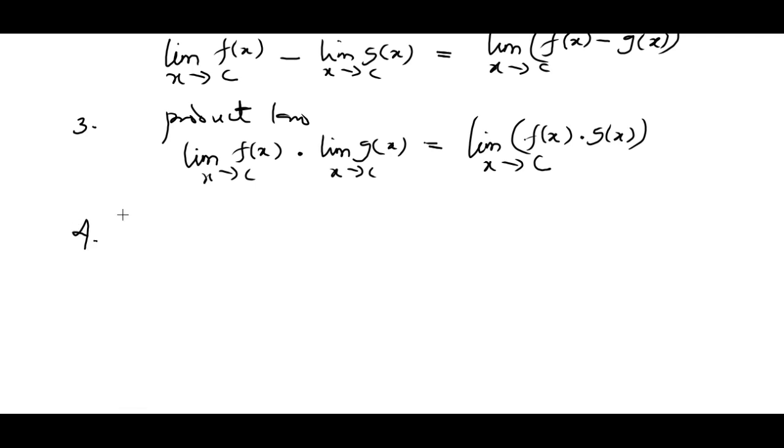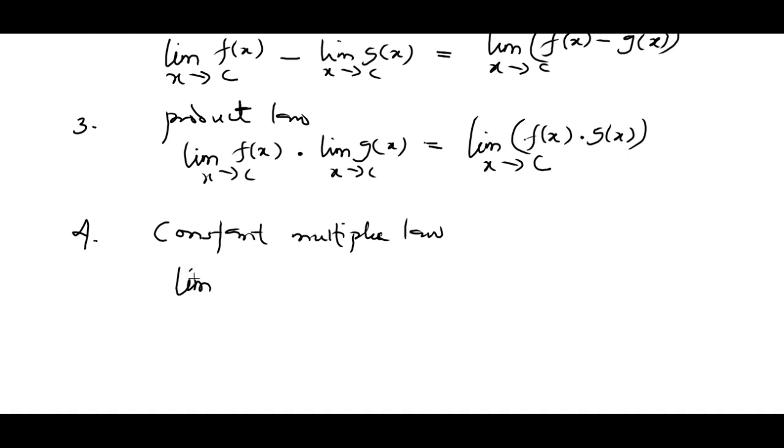after the product law is the constant multiple law. Constant multiple law. All right, and that states that if you multiply a function by a constant, the limit of that product is equal to the constant multiplied by the limit of the function.